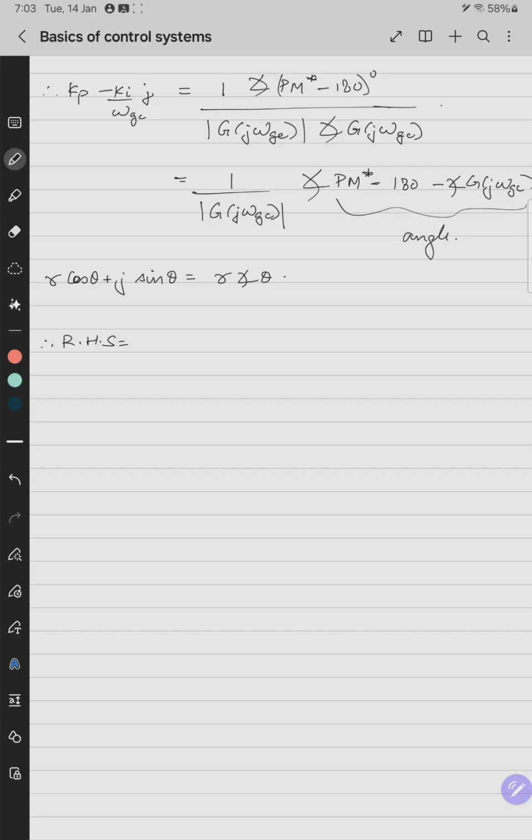Yes, r at an angle theta. We'll just convert it to rectangular coordinates in the RHS. So it will be r cos theta plus j r sin theta.